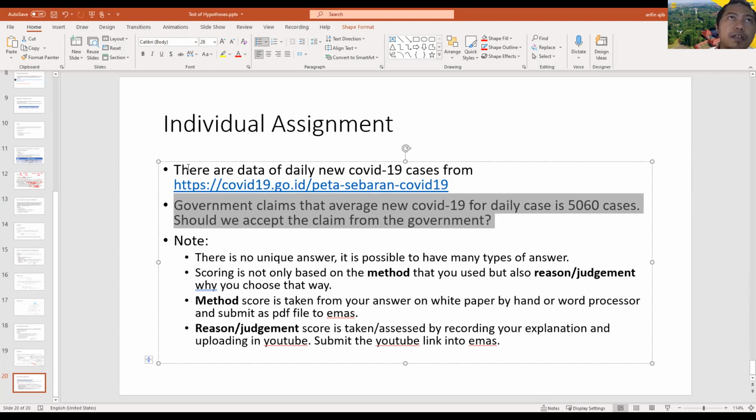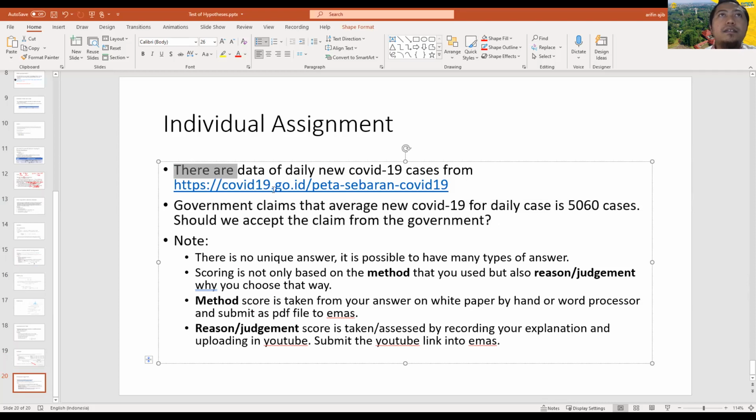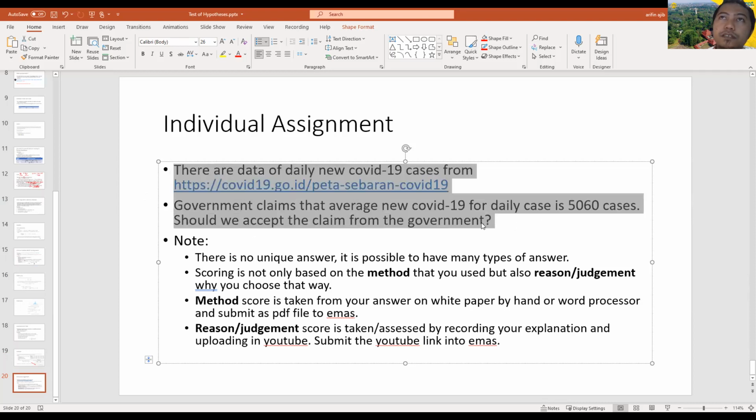In the individual assignment, there is the data of daily new COVID cases in Indonesia. You can access this, and the government claims that the average daily new COVID-19 cases is 5,060 cases. Based on this government claim, should we accept the claim? That's the question.